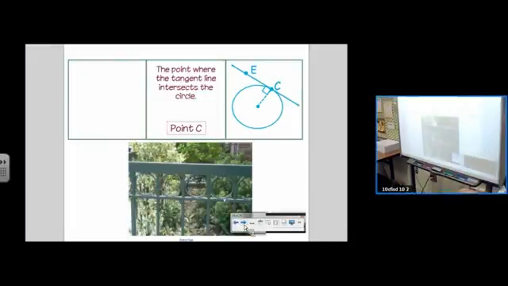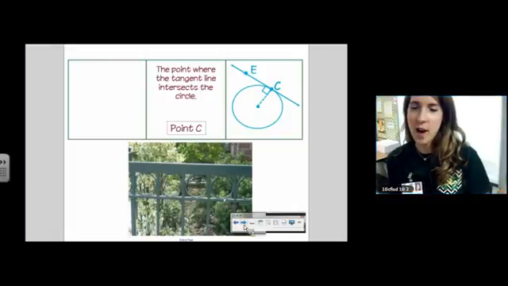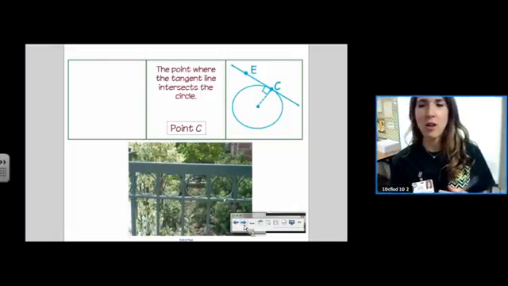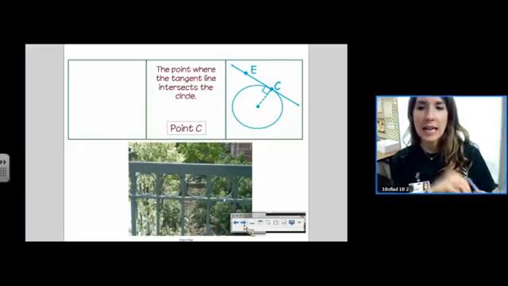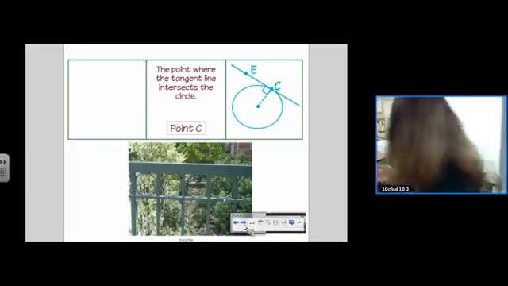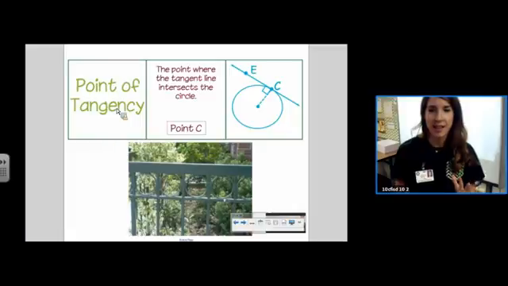This next word is very descriptive of what the object actually is. What is the point? By the way, I didn't change the picture at all. The point where the tangent line intersects the circle is called the point of tangency. The word describes exactly what it does.